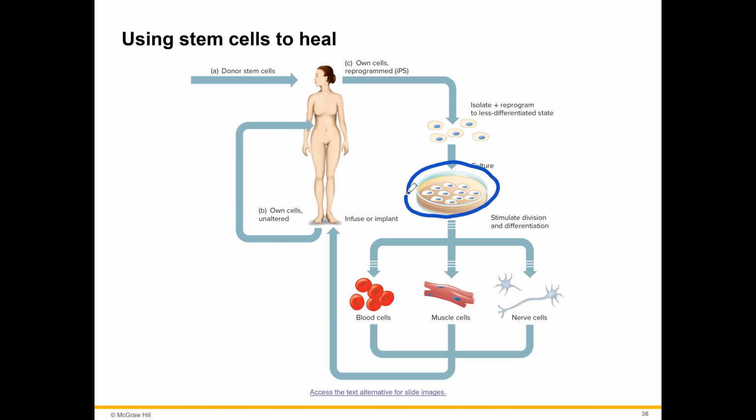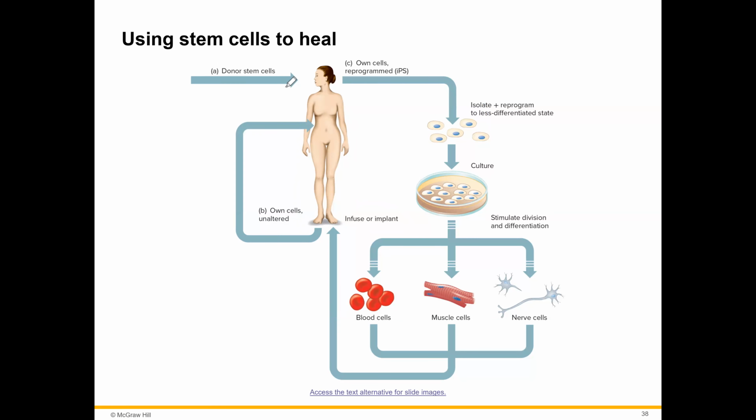Then we grow them on a petri dish and stimulate those cells to differentiate into blood cells, muscle cells, or nerve cells. And that can be used for treatment of the patient. So we infuse or implant those cells.